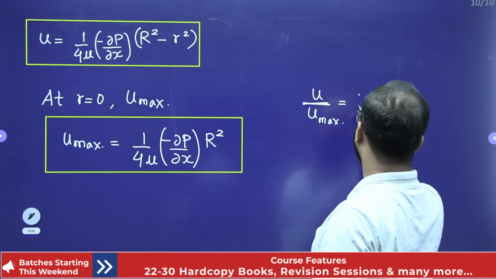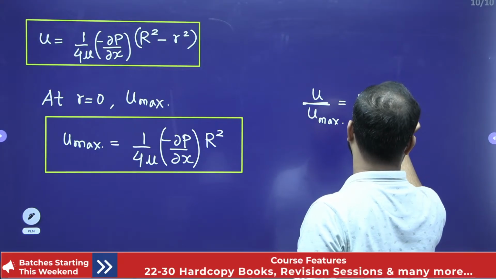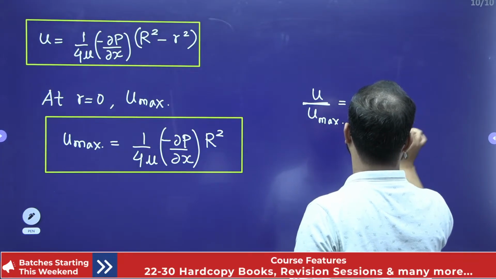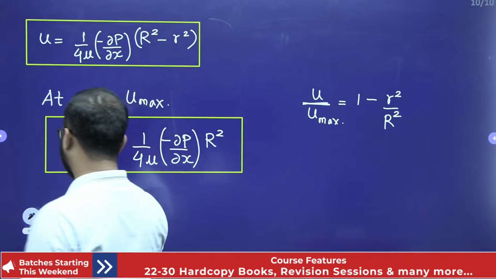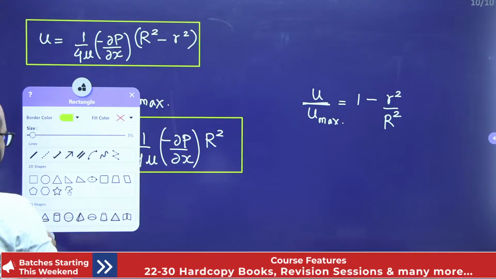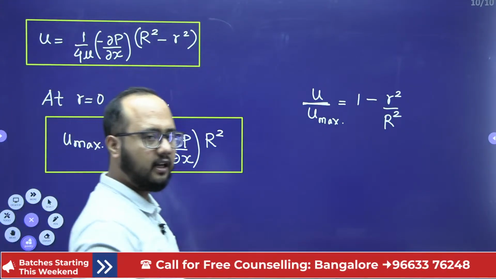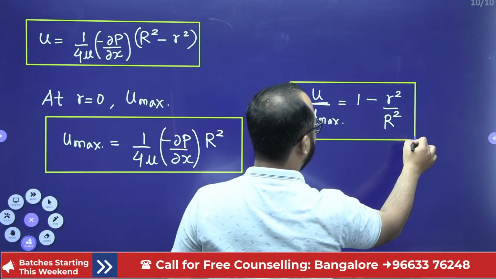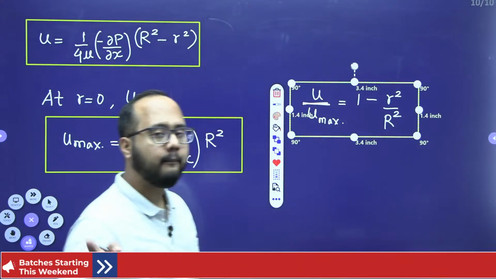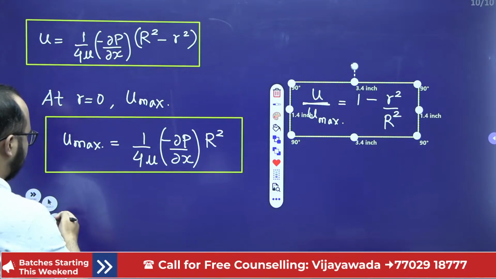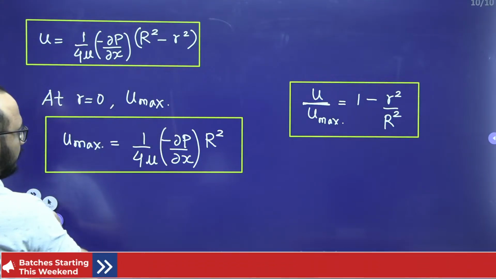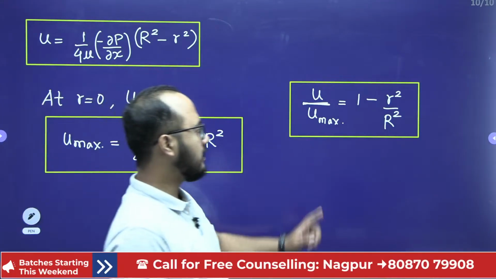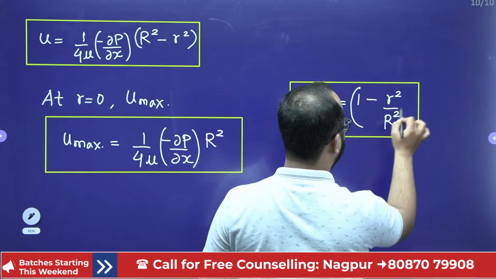You will have 1 minus small r square divided by capital R square. This is a very important relation, guys. With just the value of r at any radial location, you can calculate the velocity if you know the maximum velocity. So this is again one of the relations that everyone should remember.